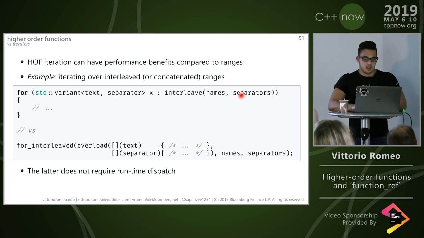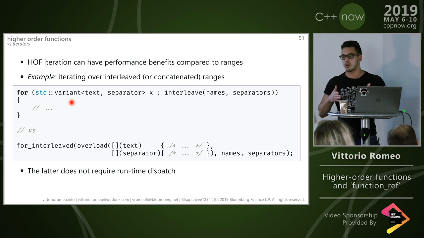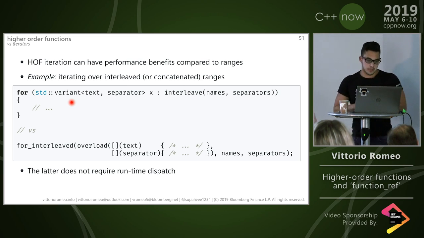In the case of begin and end, so ranges, you need a single type. Obviously, you cannot have different types. So in order to make that homogeneous, you could use something like variant. The iterator would return a variant over text and separator, then you do the dispatch at runtime to check what you're returning, and then you act upon it.